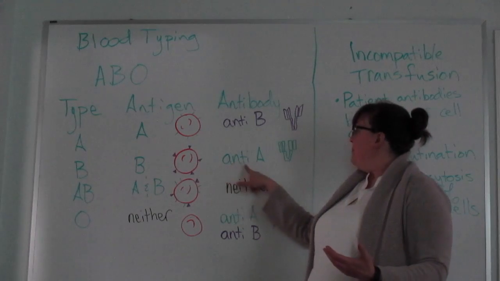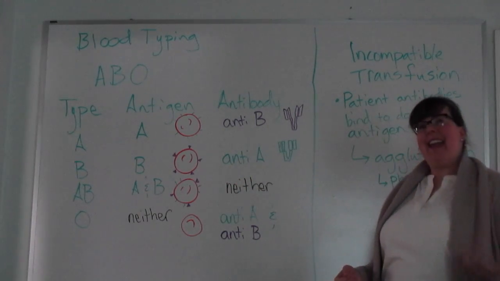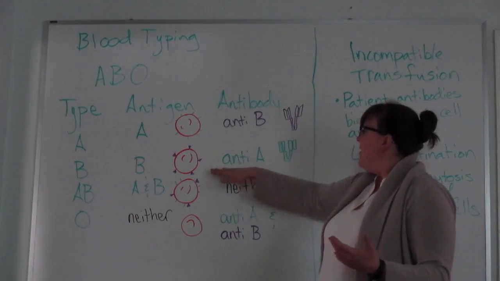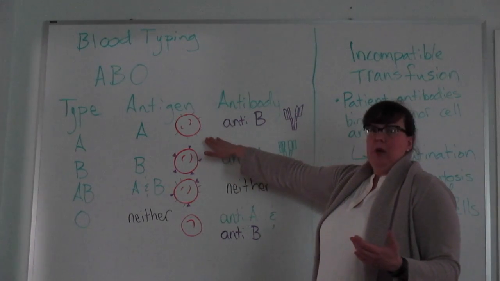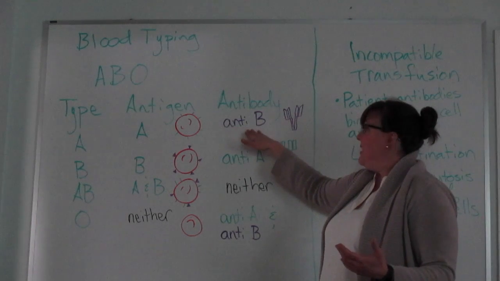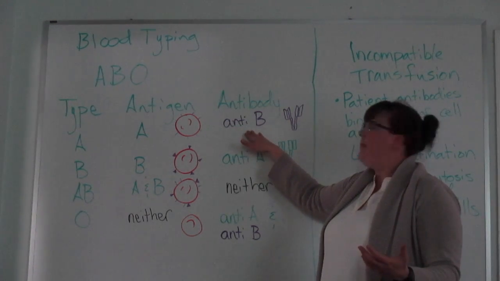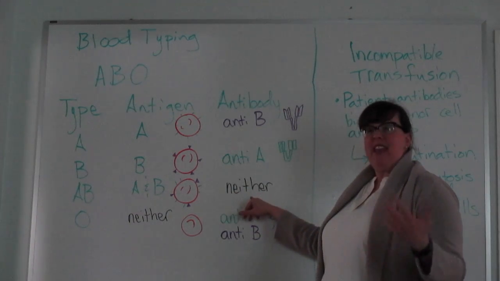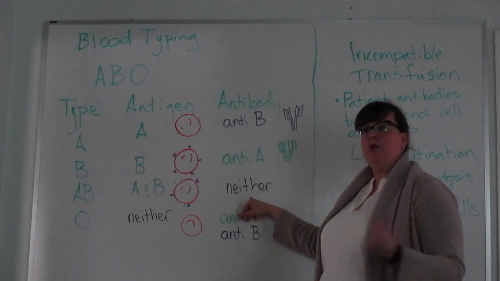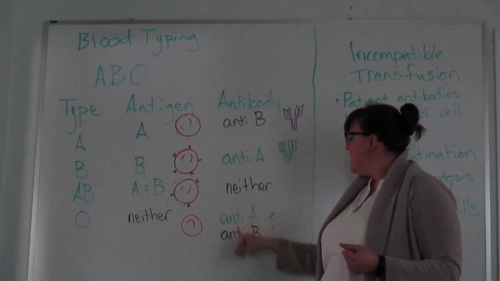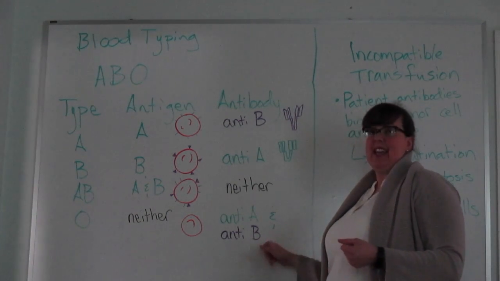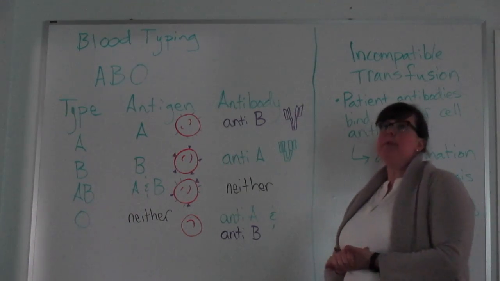A person with type B blood will have anti-A antibodies, and so it's really easy for you to see in this pattern that whatever antigen a person has, they'll have the opposite antibody. A person with type AB blood will have neither anti-A nor anti-B antibodies, and a person with type O blood will have both anti-A and anti-B antibodies.